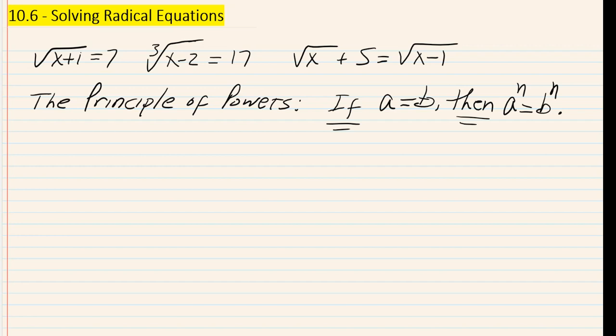That means if the supposition is true, then the conclusion would be true. In other words, if two things are equal, you square them, cube them, raise them to any power, they'll still be equal. However, going in this direction, this expression may not work. So we cannot go in that direction.